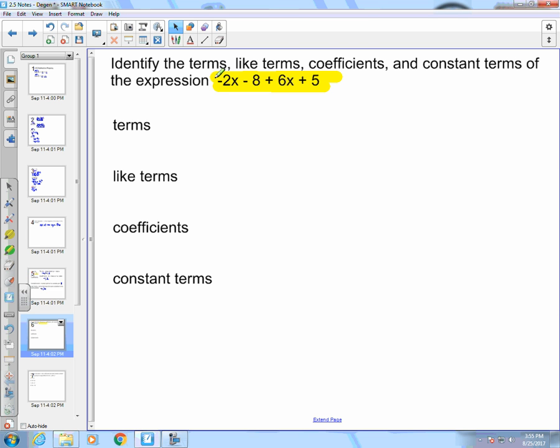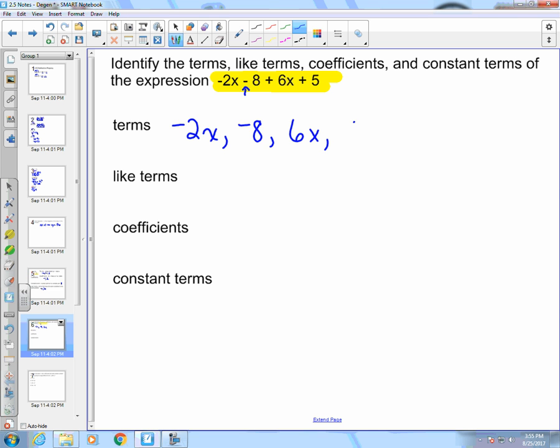If you want to try yourself these four things, stop the video right now and then come back in. The terms are, remember, separated by addition signs. So it's negative 2x. This minus sign that's in front of the 8 really is plus a negative 8. So we're going to say negative 8 is our next term.